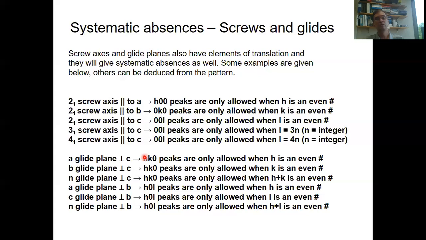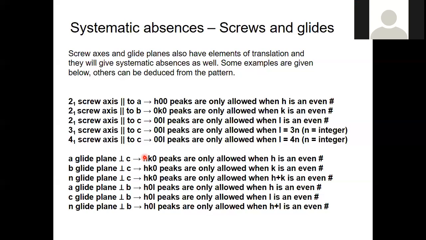You have to look at the entire series of your observed reflections, and your reflection condition, your systematic absences, must hold true without an exception.